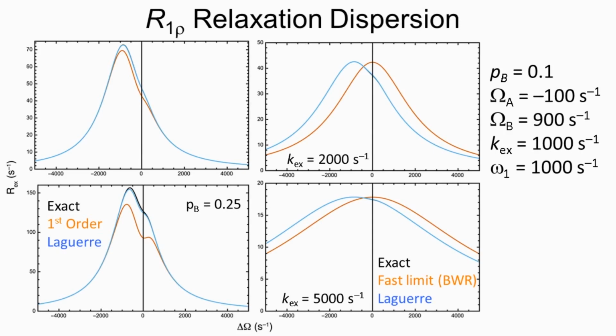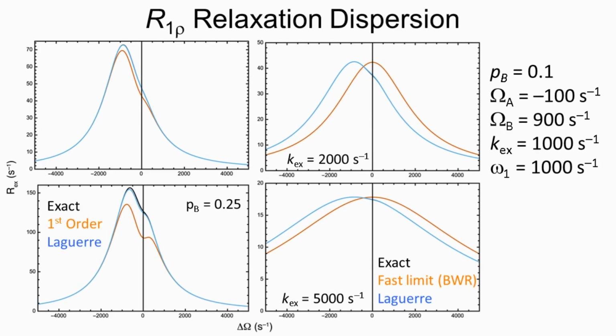As exchange broadening gets faster, the curves broaden, and eventually we won't be able to tell them apart, and then we really will be in the Redfield limit. But even surprisingly fast exchange still shows the presence of a shift towards the minor state.